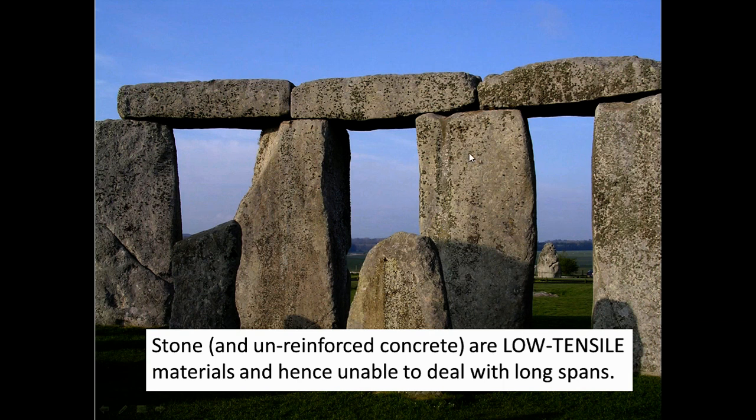And being low tensile, it cannot deal with long spans, because if you cast your mind back to the first lecture on structural physics, you will know that when you load a beam from above, or even the dead weight of the beam is putting pressure onto that beam, the top part of the beam is effectively compressing and the bottom half is being pulled in tension. If there is nothing in that material to resist that tension, it will eventually fail at a certain length.